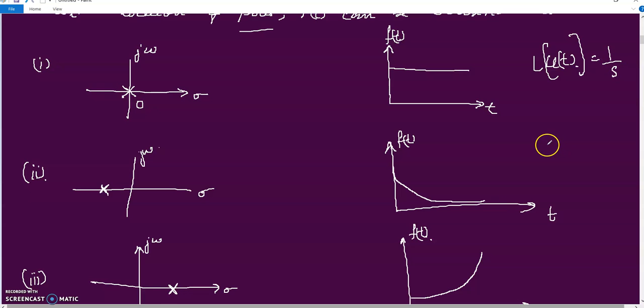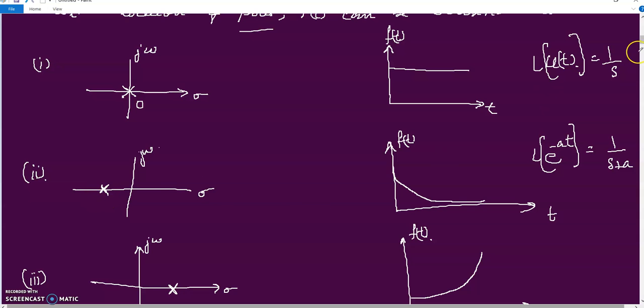Next, we have the function e raised to minus at. What is the Laplace transform of e raised to minus at? 1 by s plus a. What is the pole here? s is equal to minus a, a negative sigma, a negative real value.